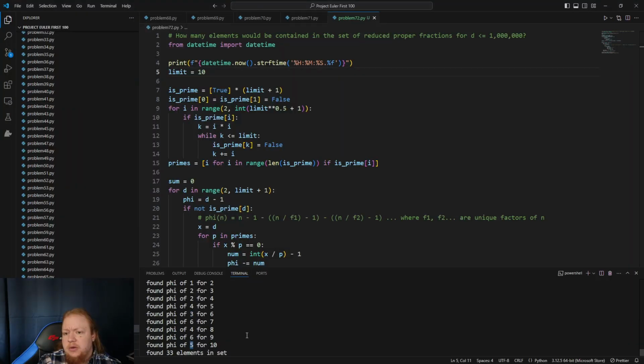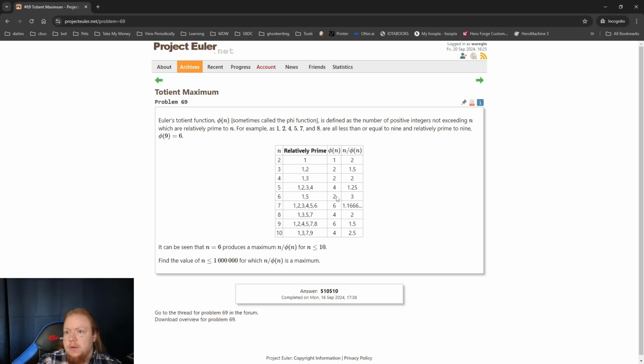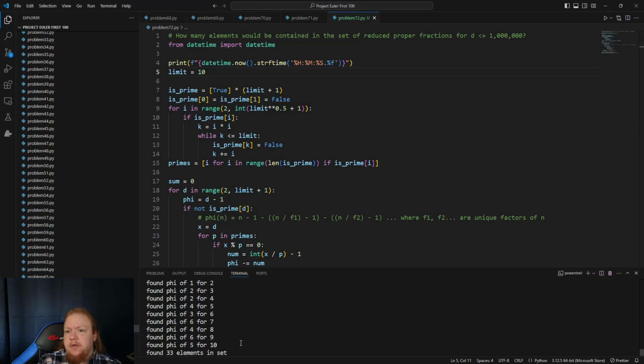No, 10 is also incorrect. So 6 and 10 are wrong. They're both 1 higher than they should be.